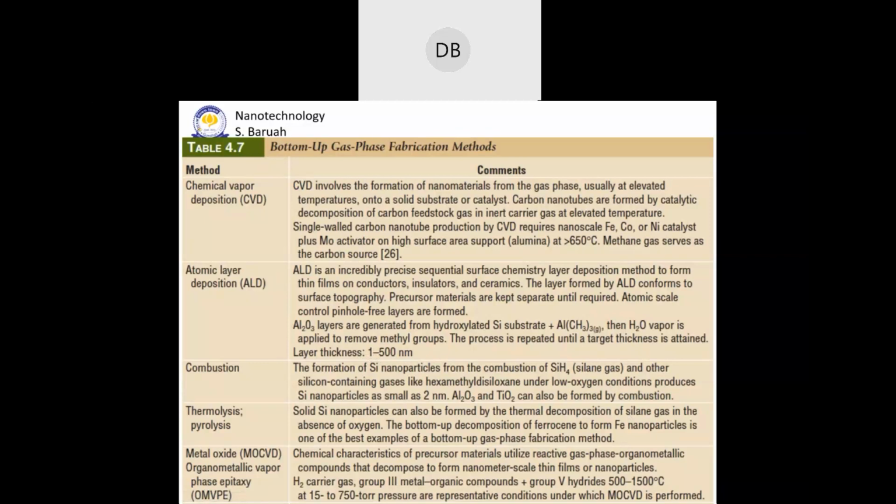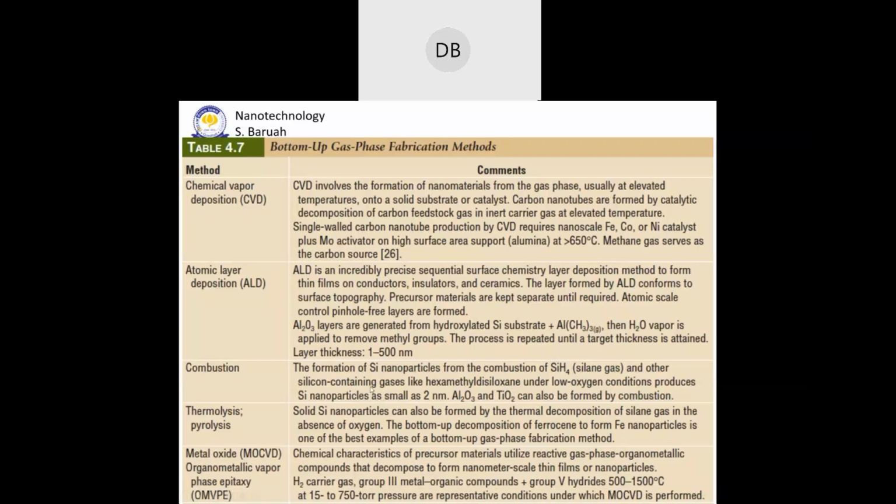Now another gas phase process is the combustion process. The formation of silicon nanoparticles from the combustion of silane gas, SiH4. You can use this gas silane and convert it to silicon nanoparticles by removing the hydrogen. There are different techniques of doing it, but basically it's a combustion, a burning process.